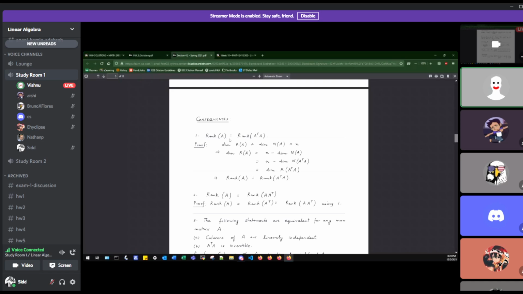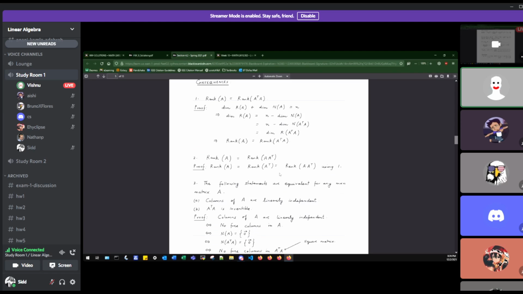Okay, consequences of that are here. The rank of matrix A is equal to the rank of A transpose A, and the rank of matrix A is equal to the rank of A transpose.